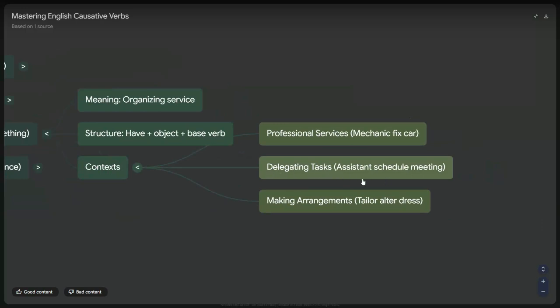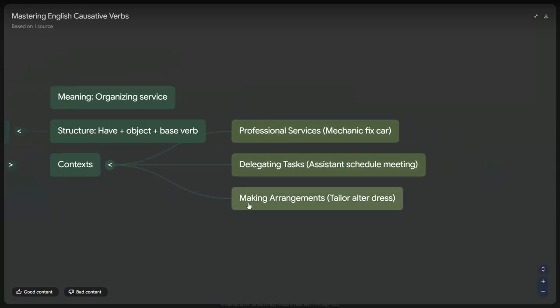Delegating tasks means an assistant scheduling a meeting. And third is making arrangements, like a tailor altering a dress, a tutor teaching students.